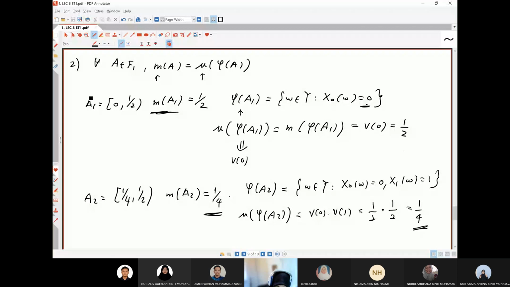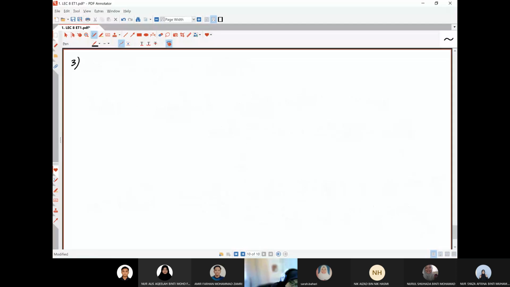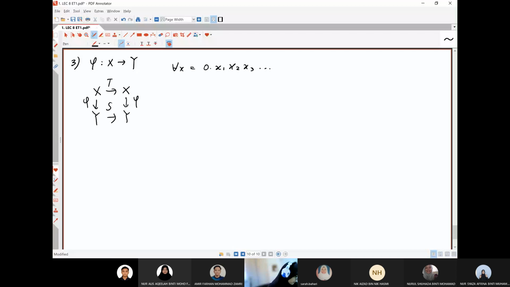Kita move on to the third properties. So for the third properties is commutativity. So that means from phi x to y, you want to show that, okay. So this one commutative. So this is T, this is x, and this is phi and phi. Okay. So again, for the dyadic function, we define x to be 0.x1, x2, x3, and so on.